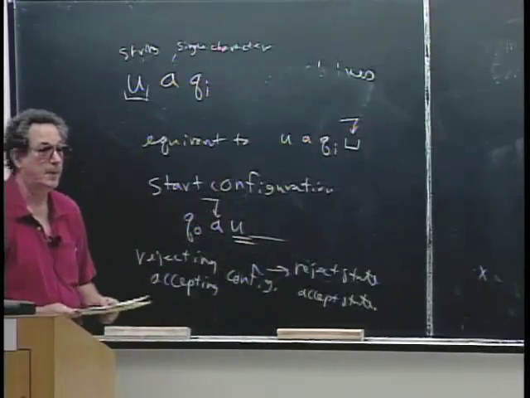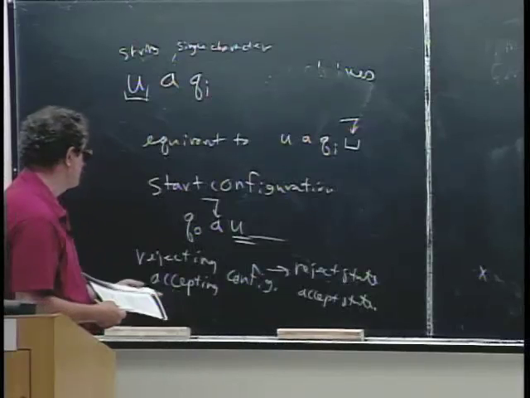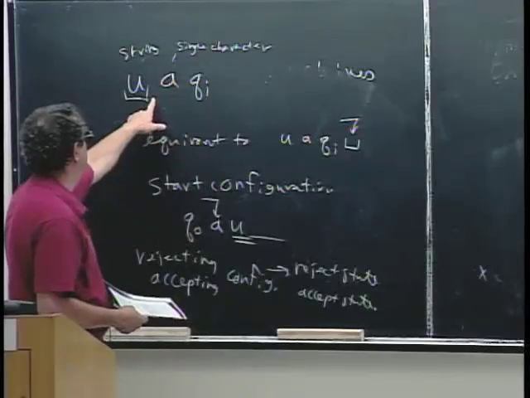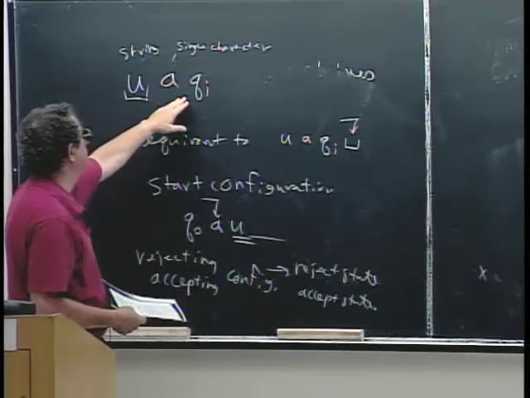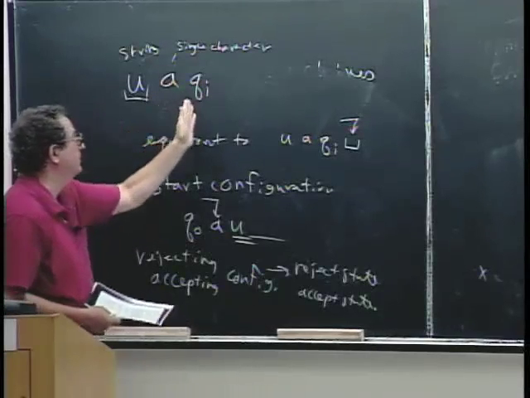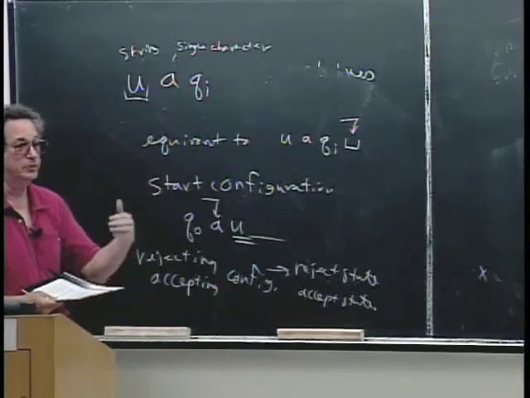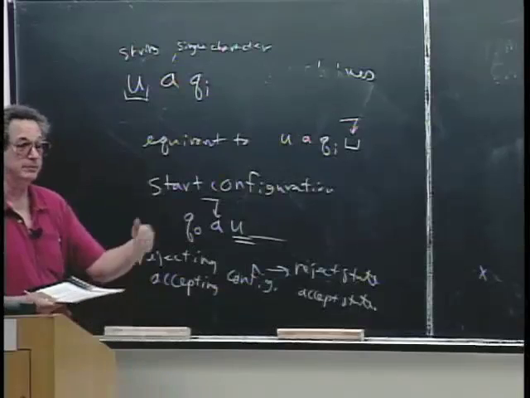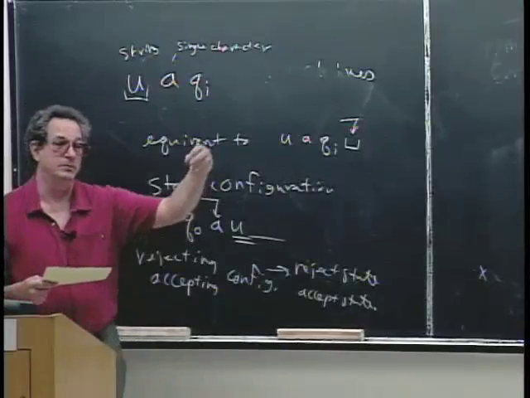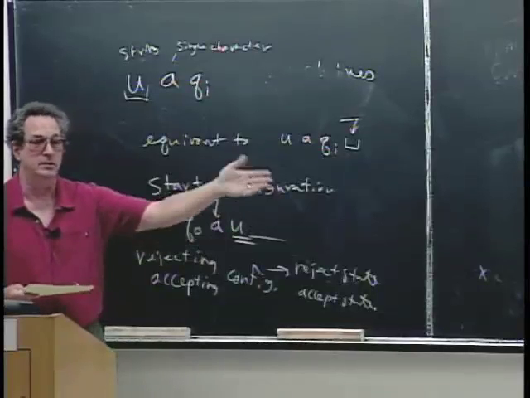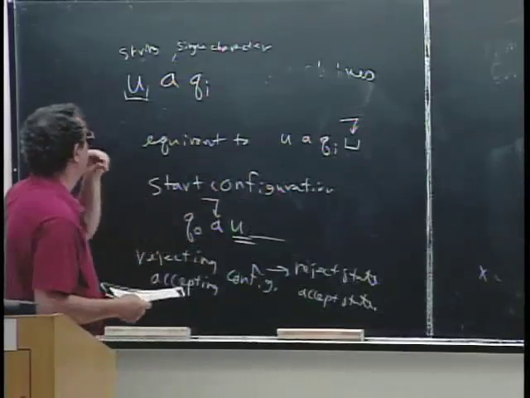So is that like the last state, like U, A, Q, I, or no? No, this is what it looks like if the read head is all the way at the right end of what's written on the tape. Not necessarily the input, because we may be in a place where the machine has changed the input, extended it, deleted some of it, whatever.